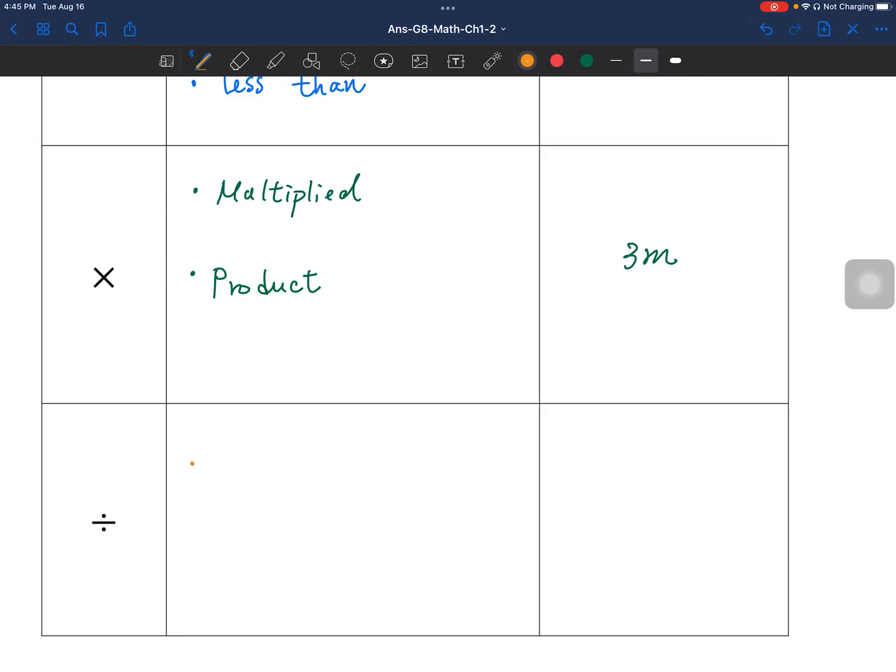Or I have division: 7 divided into a number, or a quotient of a number and 7. So 8 divided by 7, or a quotient of 8 and 7. So these are the terms that we use to describe the operators.